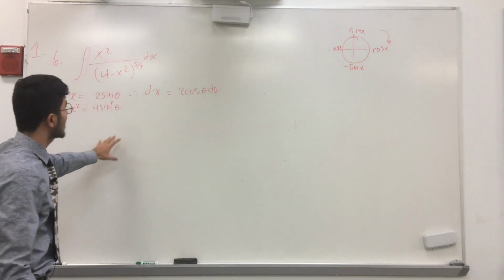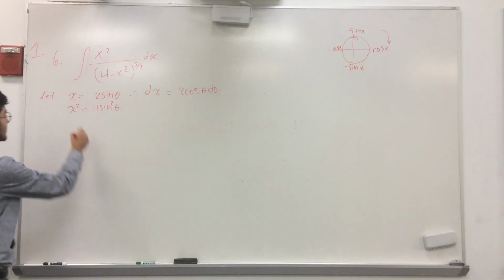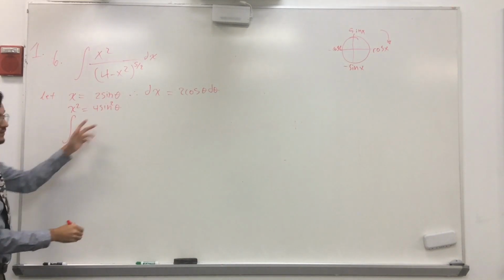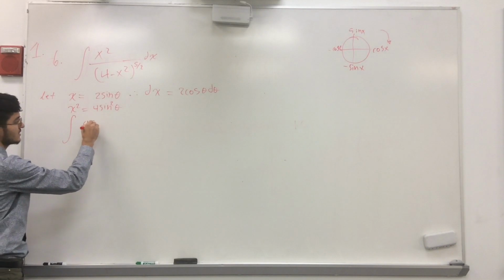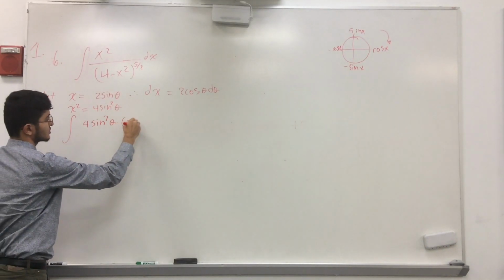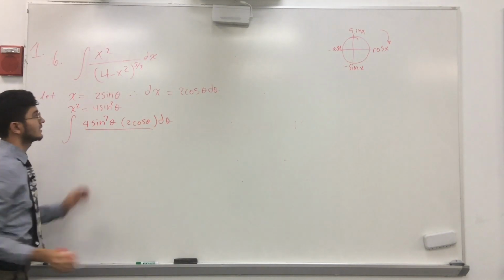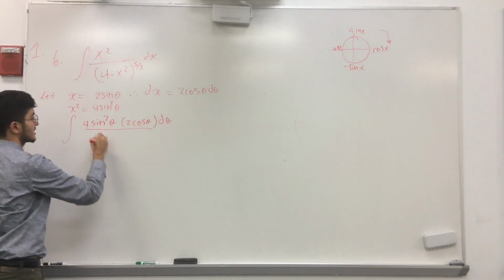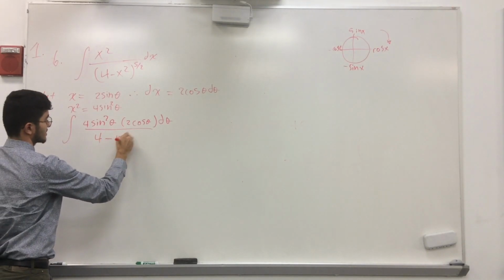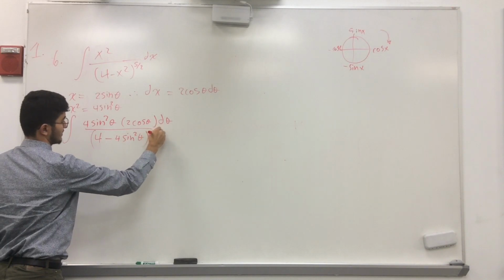All right, so now all we've got to do is substitute our values in the integral. So we have the integral of x squared, which is 4 sine squared theta, and dx is 2 cosine theta d theta. All of that is going to be divided by 4 minus x squared, which is nothing but 4 cosine squared theta, all of this to the power of 5/2.